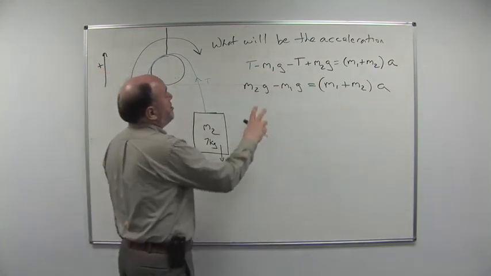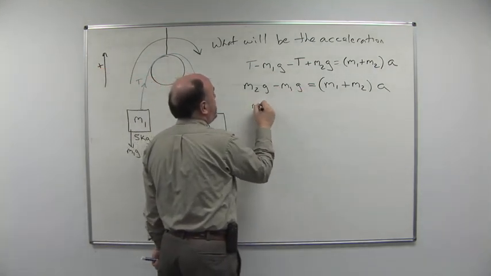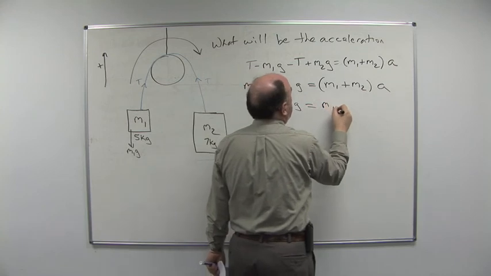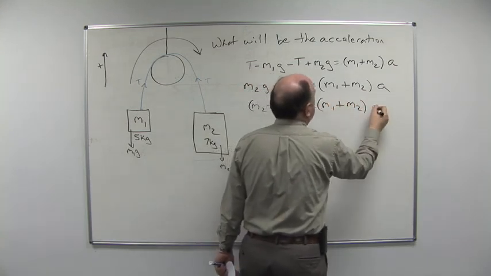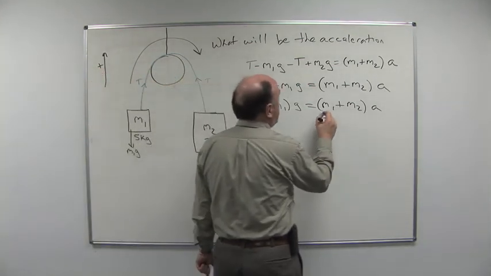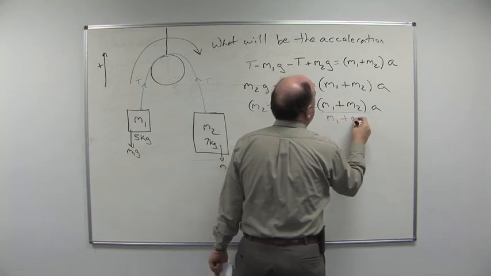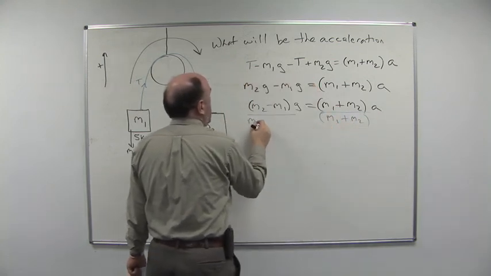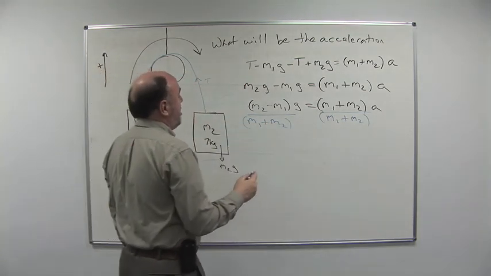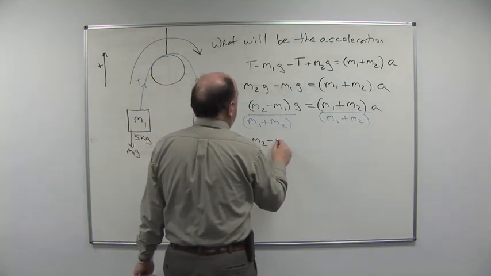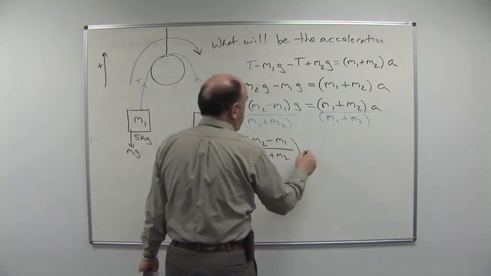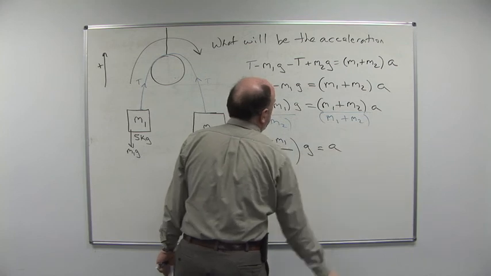Well, on this side, I can take out a G, and so we get M2 minus M1 times G equals M1 plus M2 times A. And I'm going to solve this for A, so the next step is to divide both sides by M1 plus M2. And we end up with our equation, which says that the acceleration will be given by the difference in the masses divided by the sum of the masses times G.